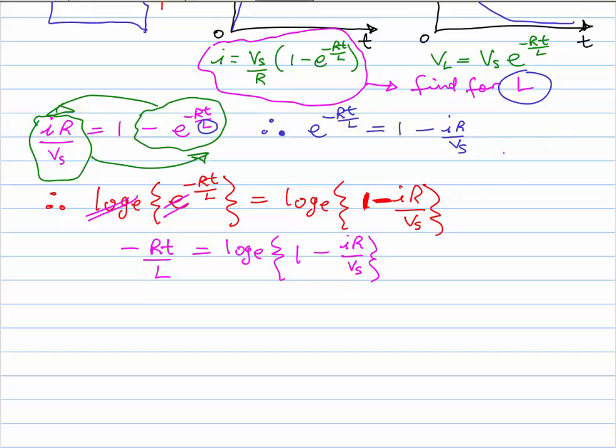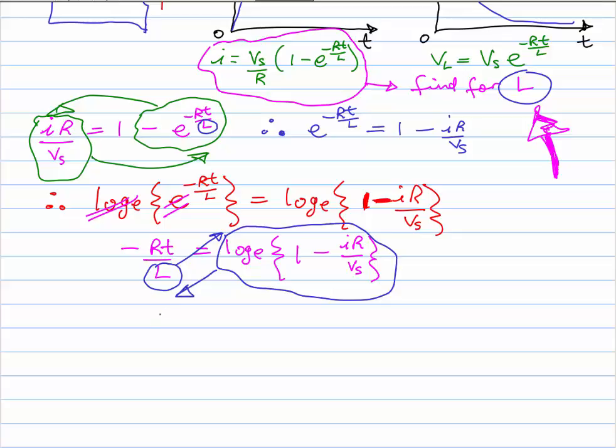Now remember what we're after. Up here we're after L. So here's L on the bottom. To isolate L we need to move it across on that diagonal and take hold of the whole of this thing and move that on the opposite diagonal, and then flip it round, change left for right, which is the same thing.